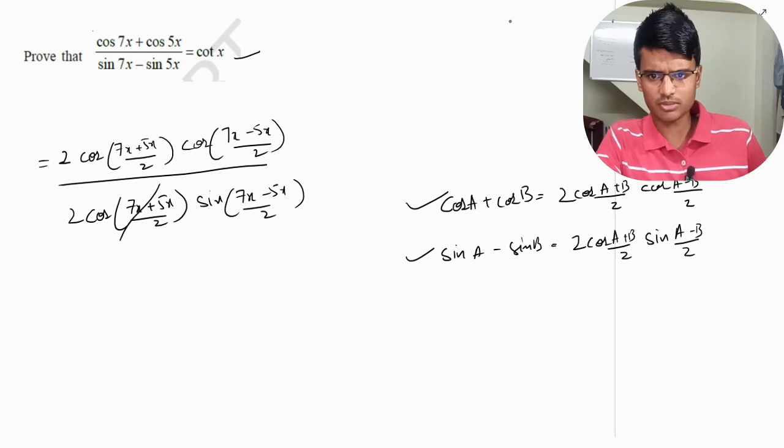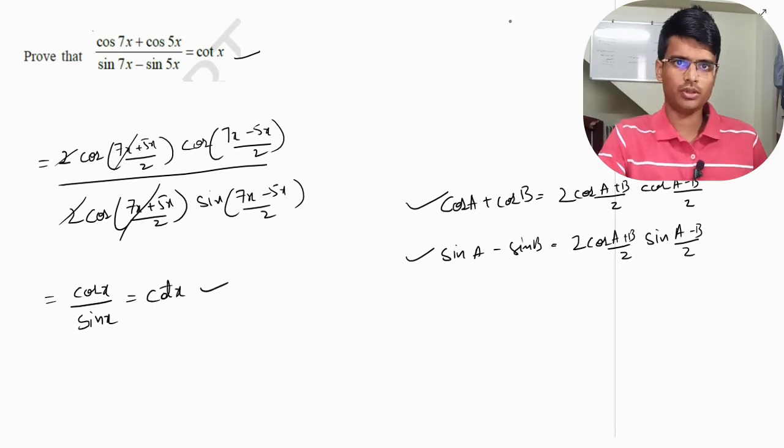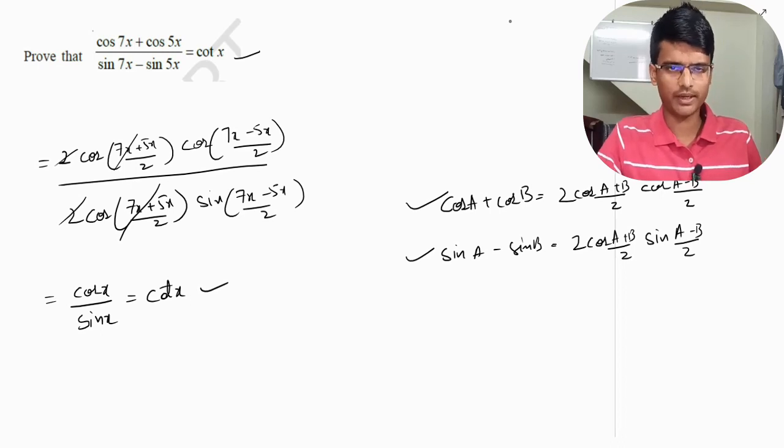These are the same terms, so I can cancel them. I am left with cos x by sin x, and we know this is cot x. This is how you solve. It was a direct formula substitution in the numerator and denominator. We applied the transformation formula and solved this. It was a simple question.